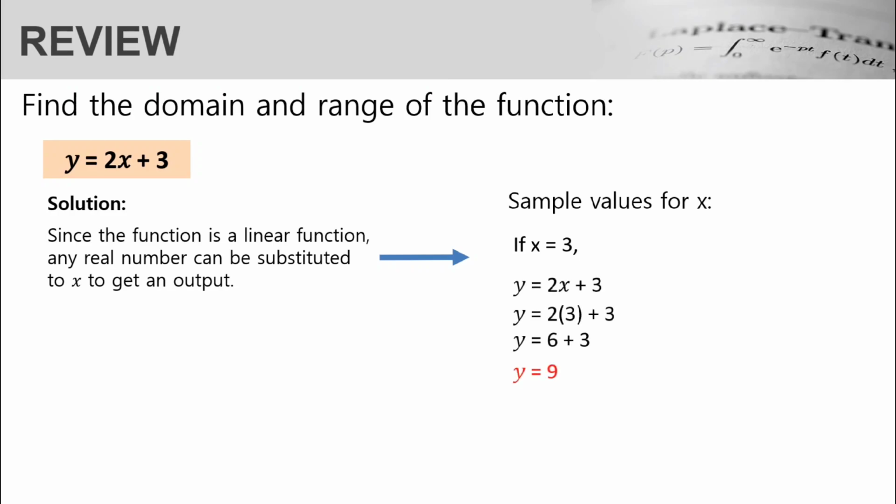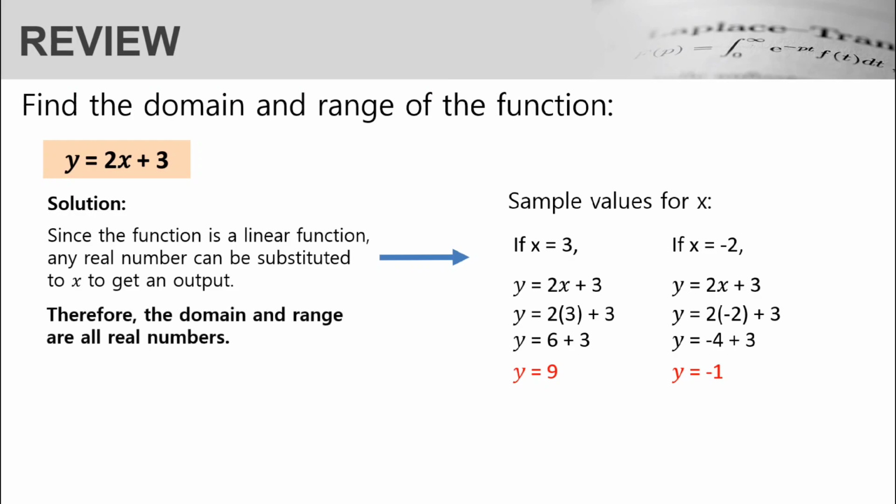If x is equal to 3, we can get y is equal to 9. If x is equal to negative 2, we can get y is equal to negative 1. Therefore, the domain and range are all real numbers. You can express your answer in the set notation or interval notation.